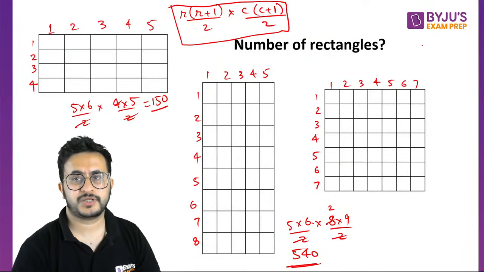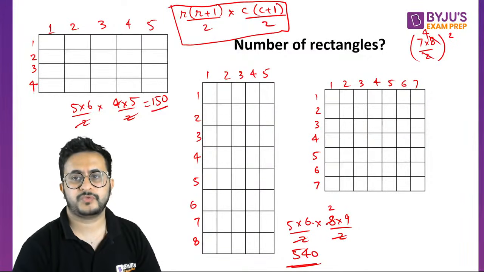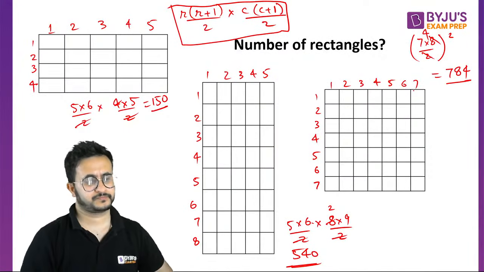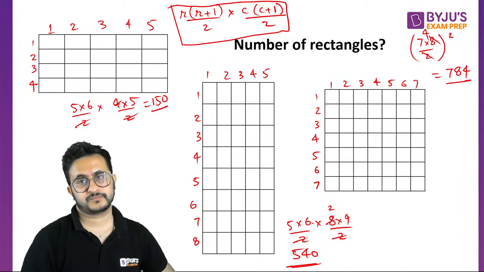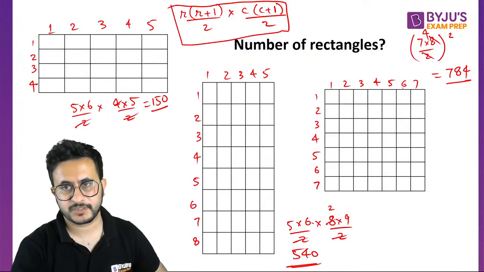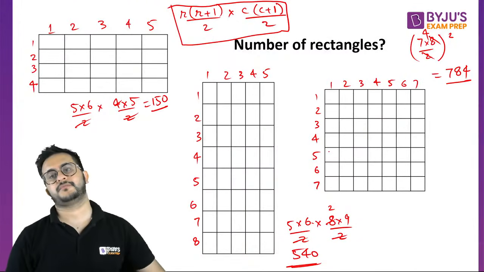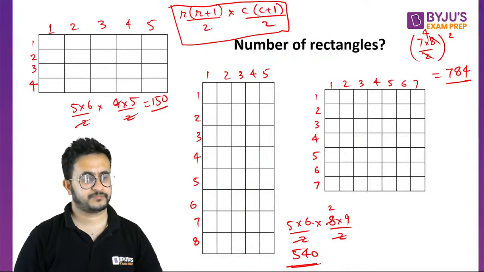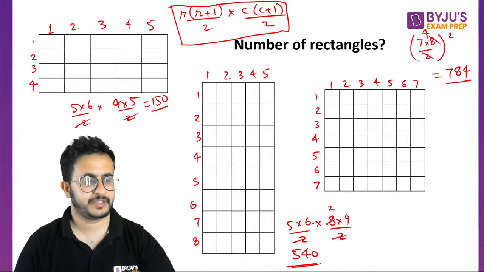It is 7, so you can say that it is 28 squared, that is 784. 7 and 7, 7. So that is the number of rectangles.